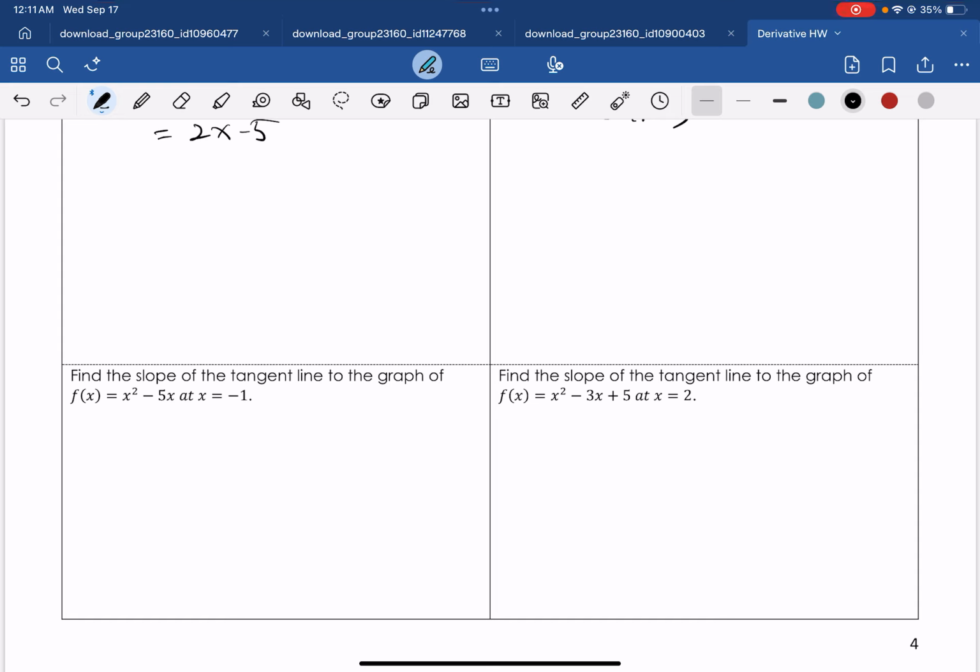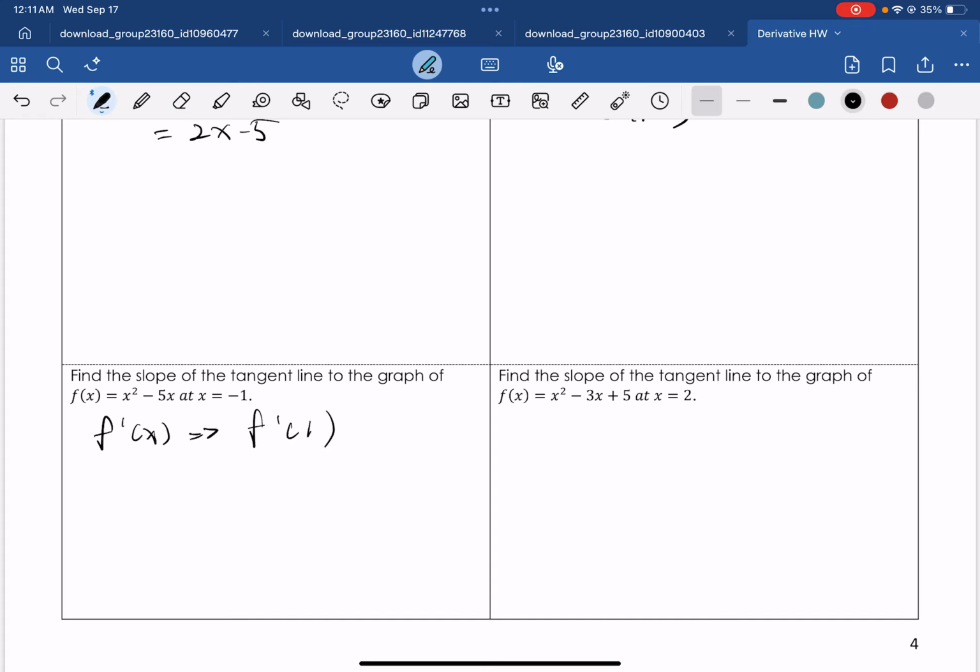This basically asks us to find the derivative, or the instantaneous rate, when x equals negative 1. So we find f prime of x first, and then we plug in negative 1, which becomes f prime of negative 1.